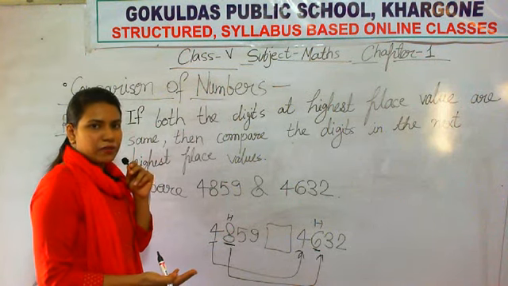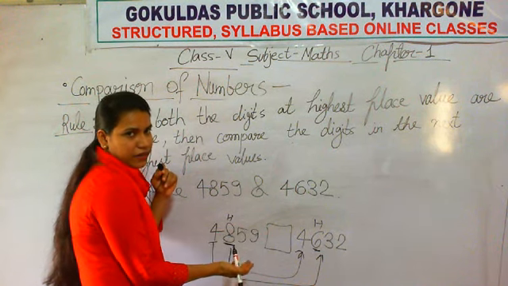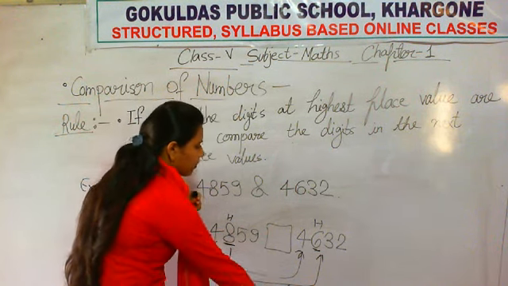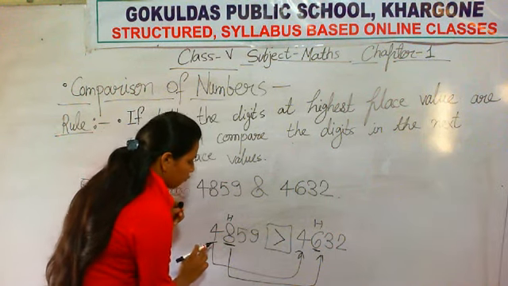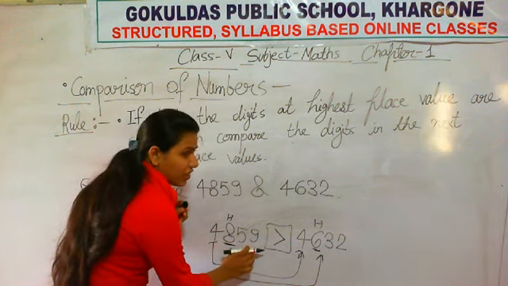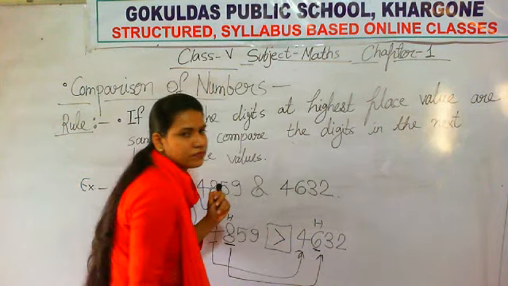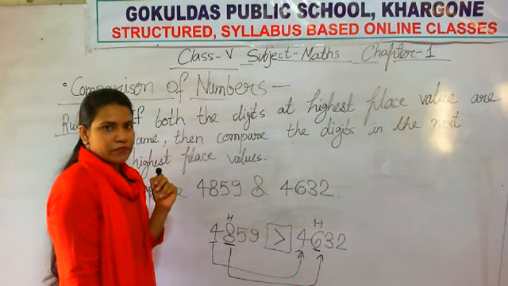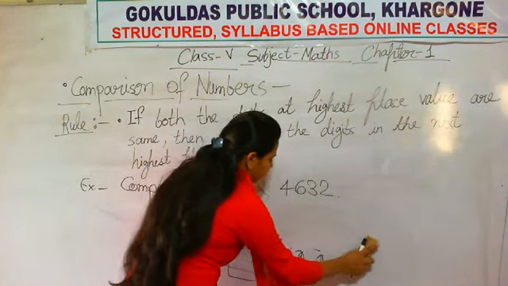So which number will be greater? The number having 8 at the hundreds place will be greater. By this comparison you can see that 4859 is greater than 4632. Okay. Let's take another example in the same question.